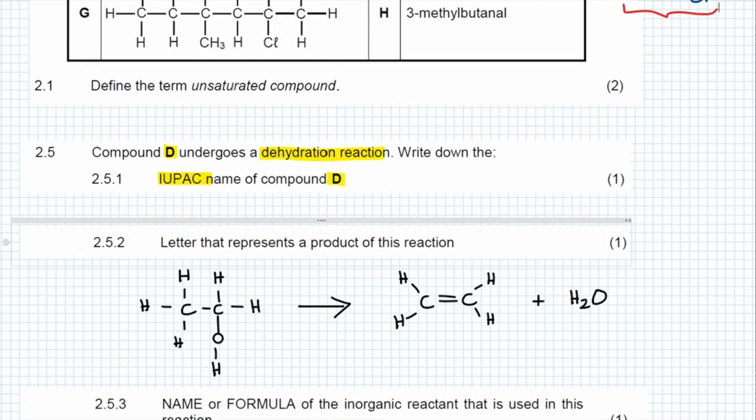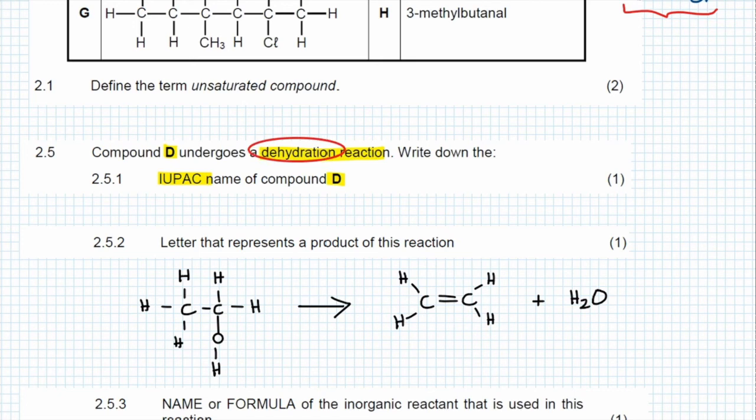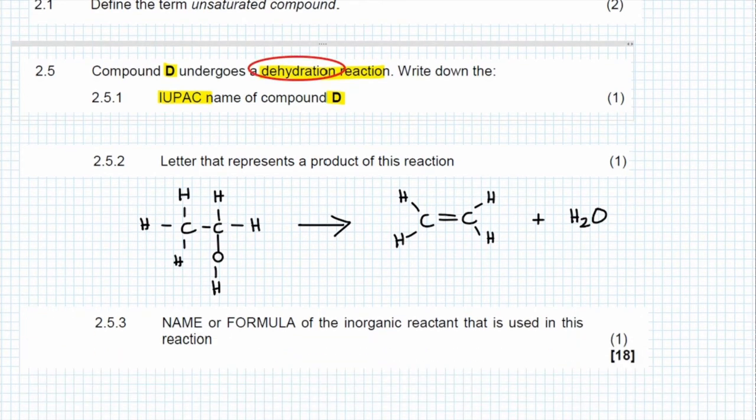Now question 2.5.2 says, write down the letter that represents a product of this reaction. We are dealing with a dehydration reaction, so we expect water to be the byproduct of the reaction. I've drawn out a representation of the reaction so that you can better understand it.